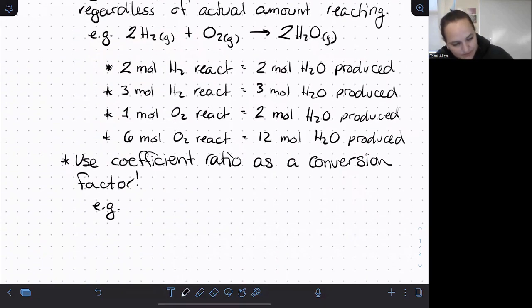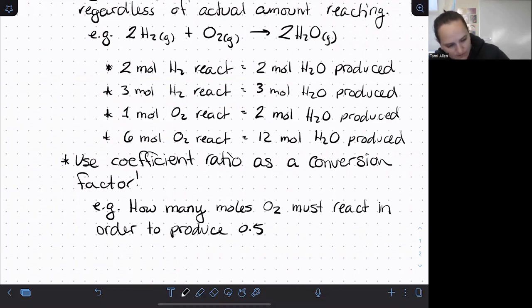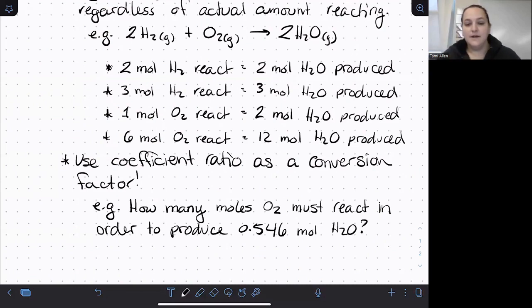So for example, still going back to that same reaction, let's figure out how many moles of O2 must react in order to produce 0.546 moles of H2O.